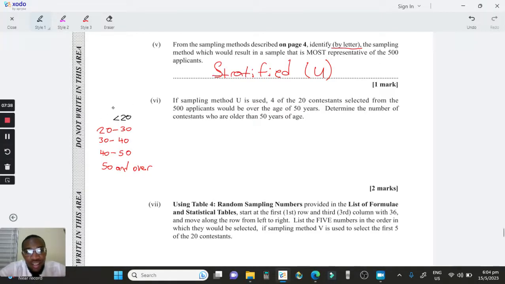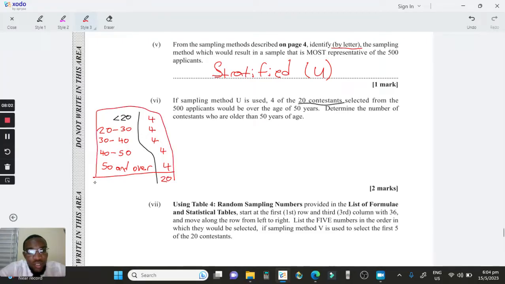Let's say these are our different categories. They're telling us that 4 of the 20 contestants selected are over 50. So that means 4 here, 4 here, 4 here, 4 here. In that case, when we add them up, we get our 20 contestants.